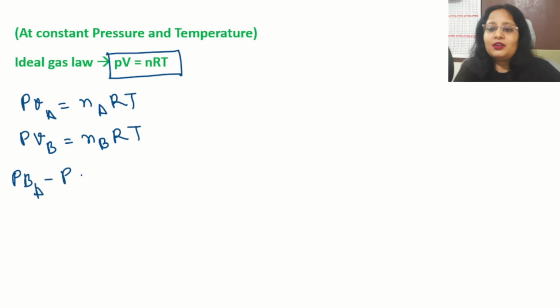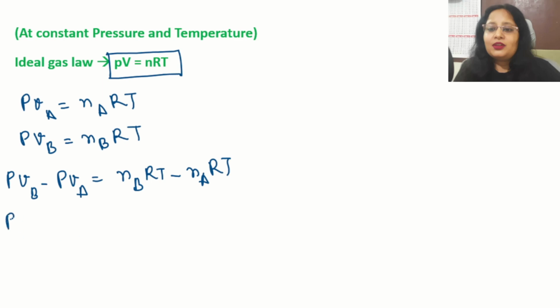Now let's take both the equations together. We can write PVB minus PVA is equal to nBRT minus nART.